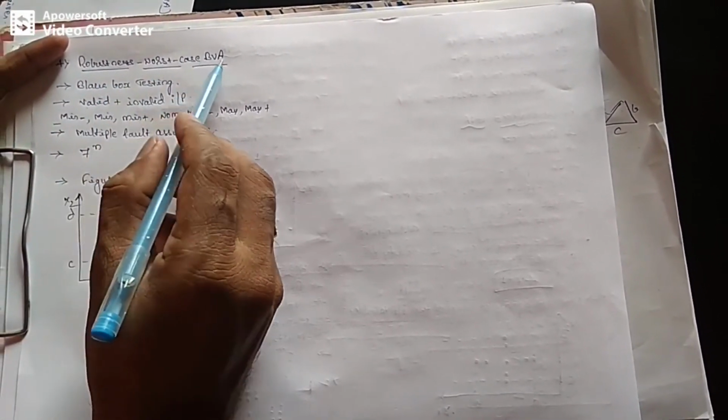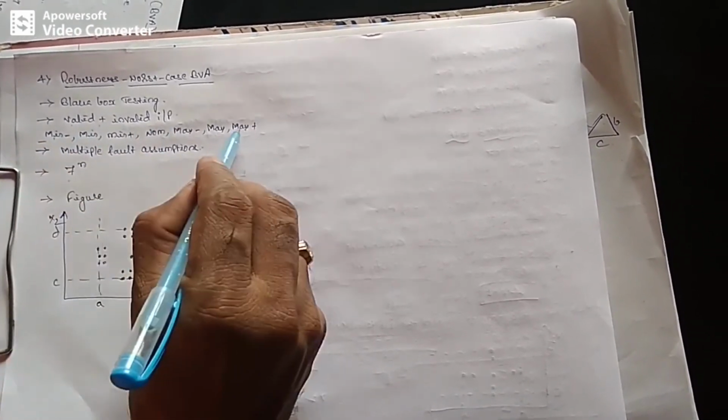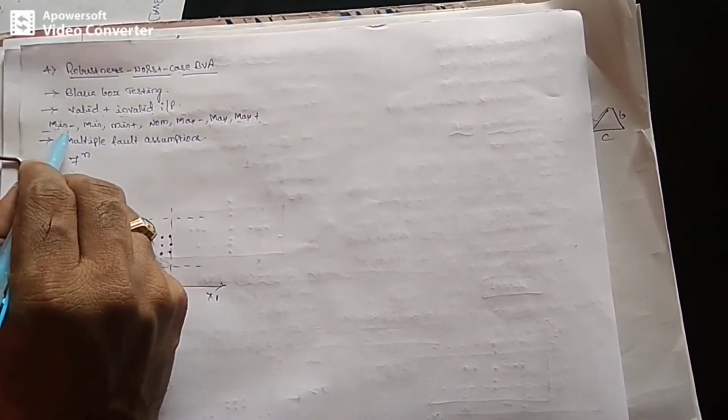The number of test cases we are going to generate under the robustness worst case boundary value analysis method is given by this formula: 7 to the power of n. Initially I told you under the worst case it is 5 to the power of n, where we are using only valid input variables, but here 2 more inputs are added, that is invalid inputs, maximum plus and minimum minus.